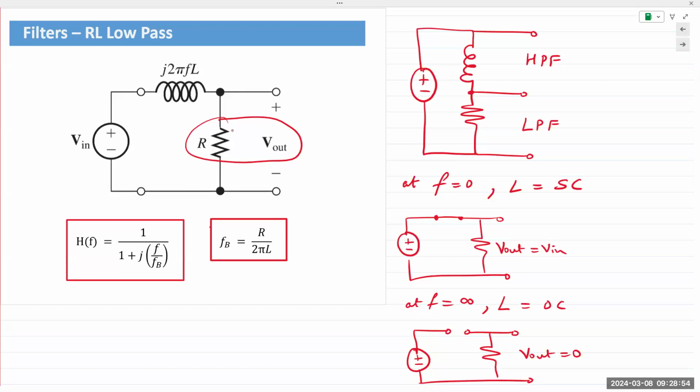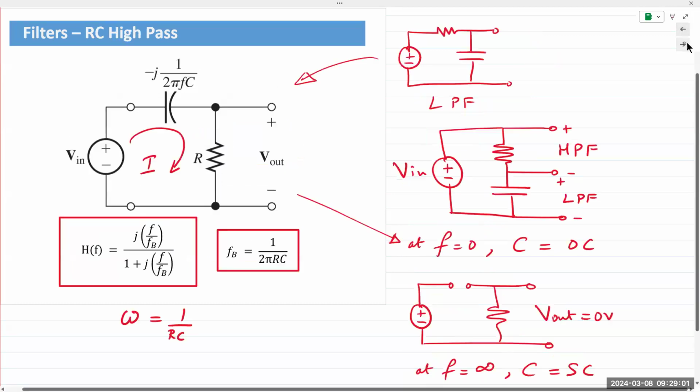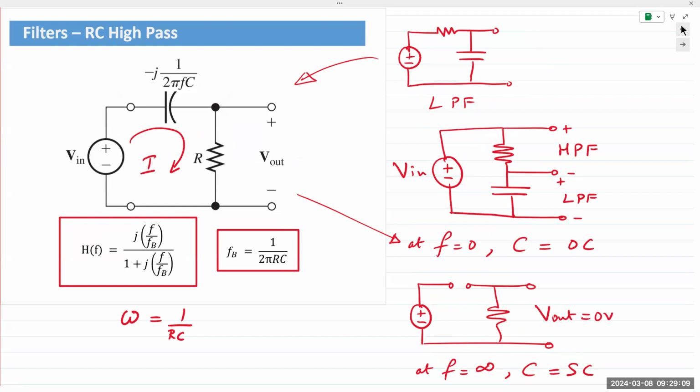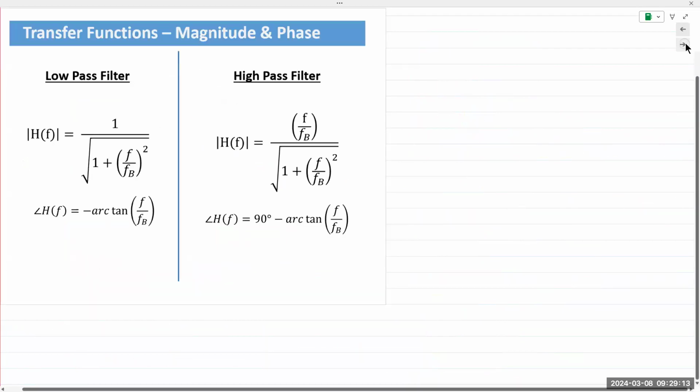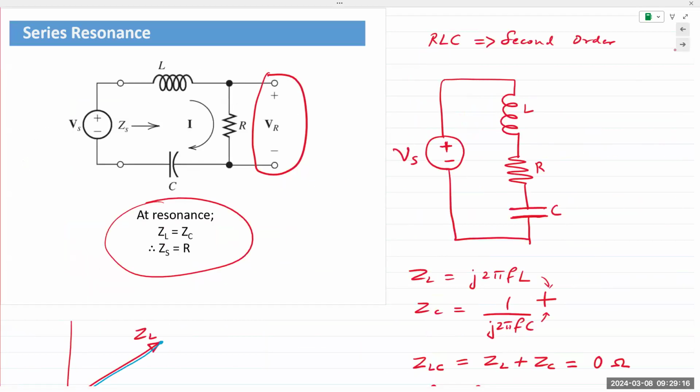We're taking the output across the resistor. What do we get? Low pass filter. And then, as I was stating, if the inductor is not present, and we just have an RC circuit with output across the resistor, we have a high pass filter. So we have both filters in here.